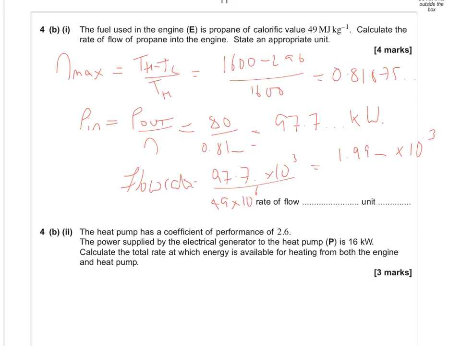So to 2 significant figures, that's going to be 2.0 times 10 to the minus 3, and that's going to be in kilograms per second, because it was megajoules per kilogram.